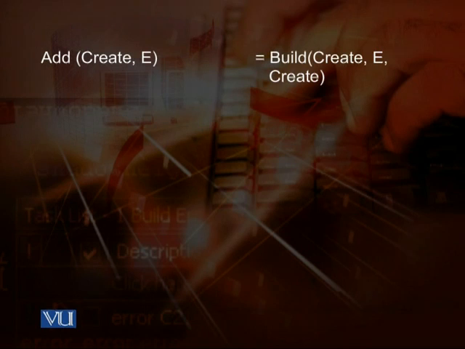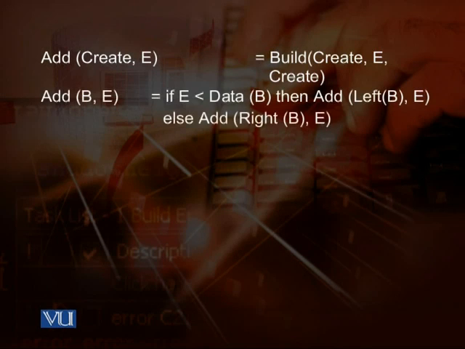Now let us look at the second case when it is not an empty tree. So we have add B comma E is equal to, if E is less than data B, then add left of B comma E, else add right of B comma E. So what does that mean?